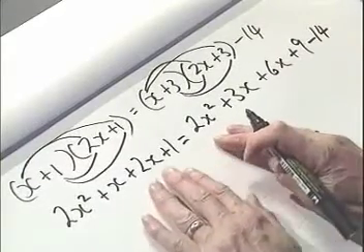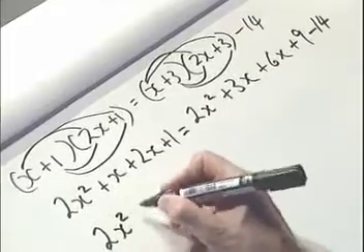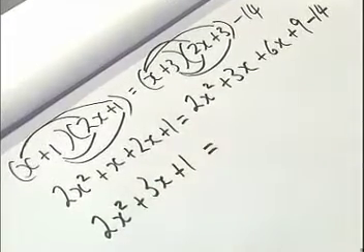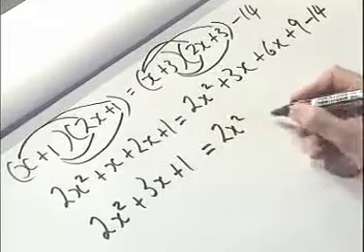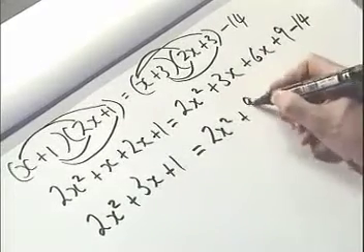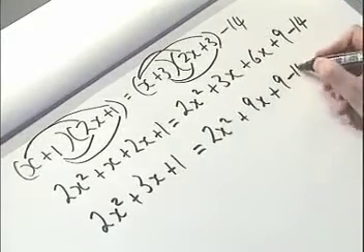Now we need to tidy up both sides here. 2x squared plus 3x plus 1 equals 2x squared plus 9x, taking these two terms together, plus 9 minus 14.